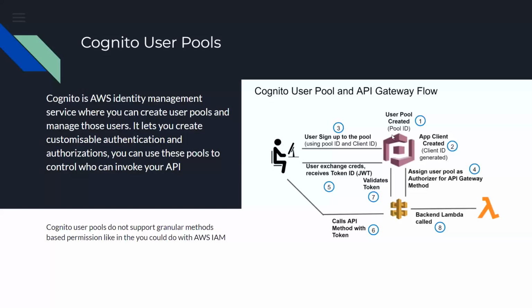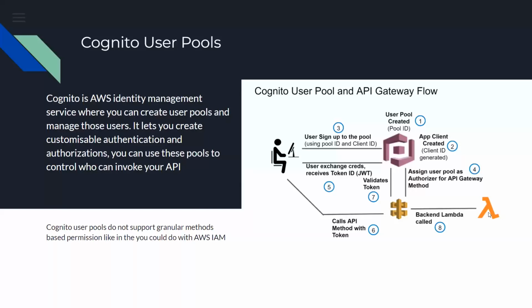It now checks, does this method have a bearer token on the header? Yes, it does. Okay, let's check. Does it comply with the token that was generated by Cognito? If it does, then it gets you access to the backend Lambda or your backend or database or whatever.